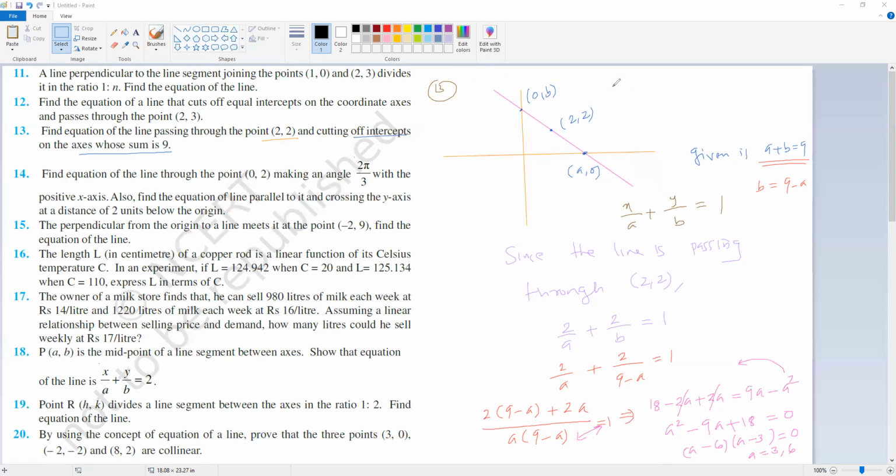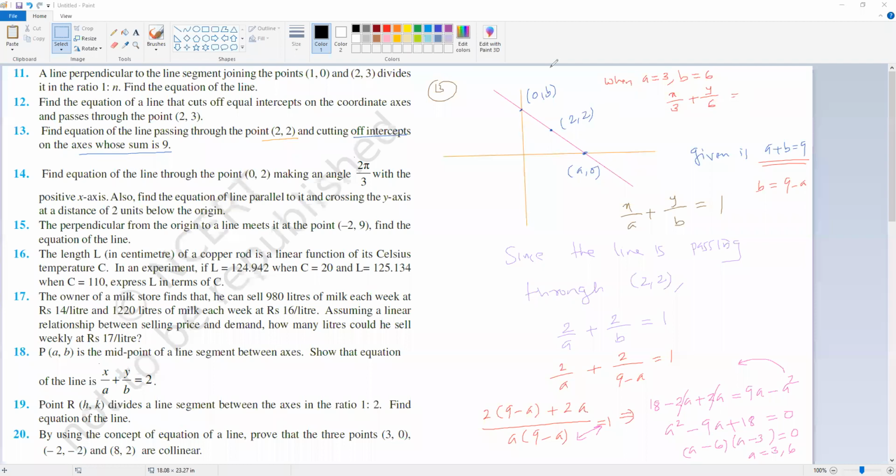Okay, now when a is equal to 3, what will b be? The sum is 9, so b is equal to 6. So what will the equation be? x/3 + y/6 = 1.